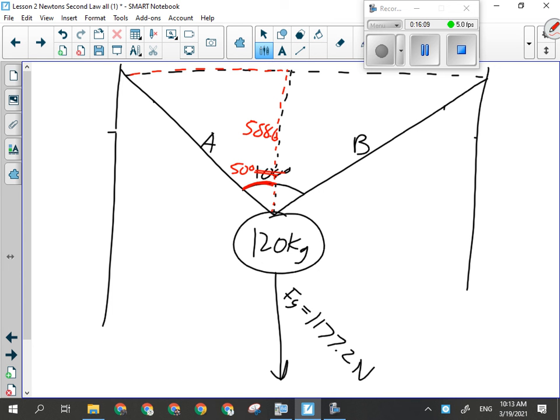Now that I know that, I can find the hypotenuse of this triangle because I know the angle and the adjacent side. The cos of 50 degrees is going to equal the adjacent side, 588.6, over the tension in A. So if I want to find the tension in A, it's going to be 588.6 divided by the cos of 50.